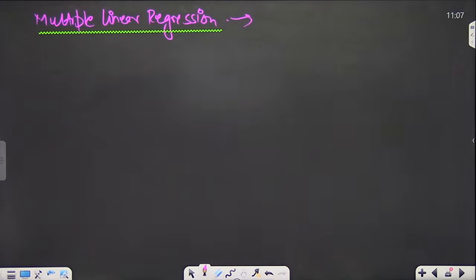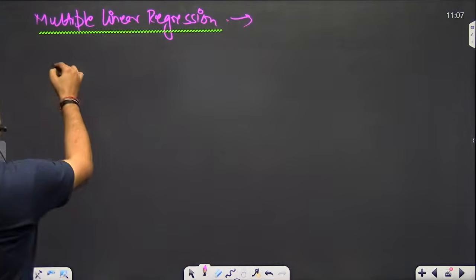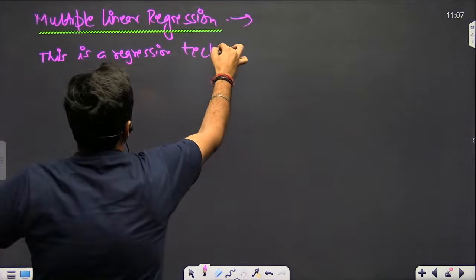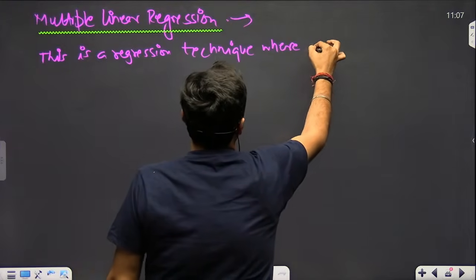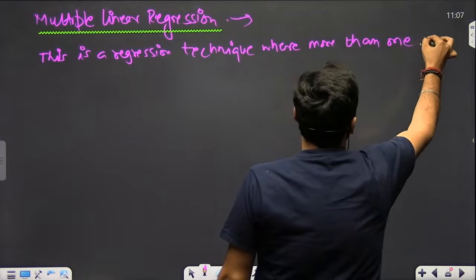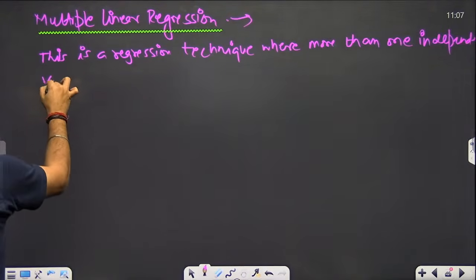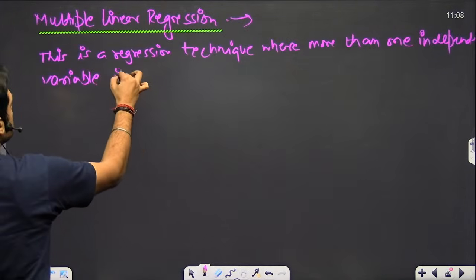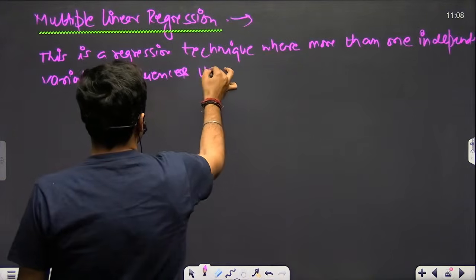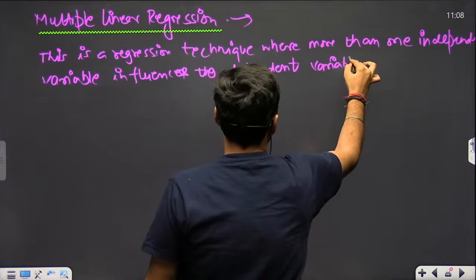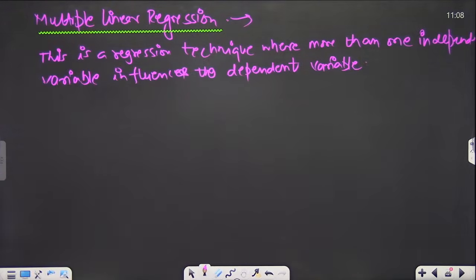It is a statistical regression technique where more than one independent variable influences the dependent variable.